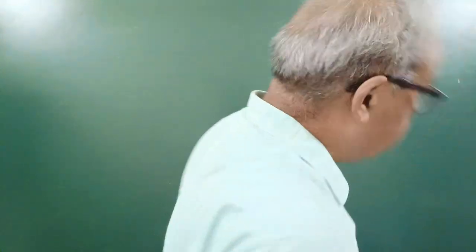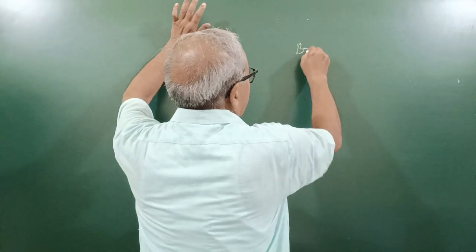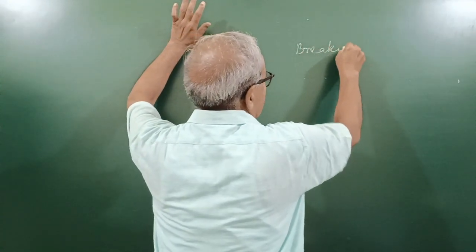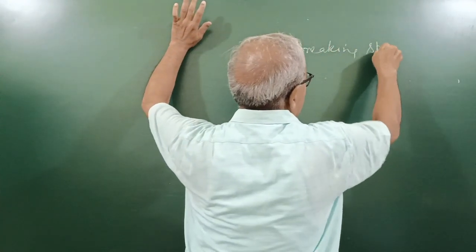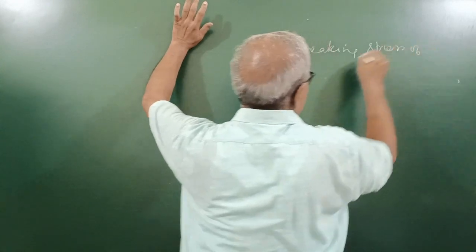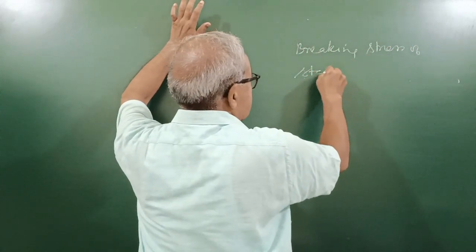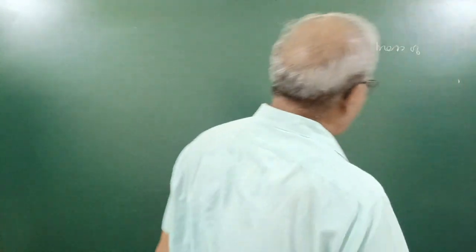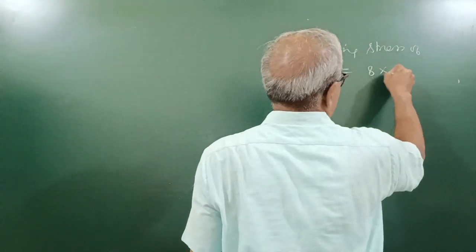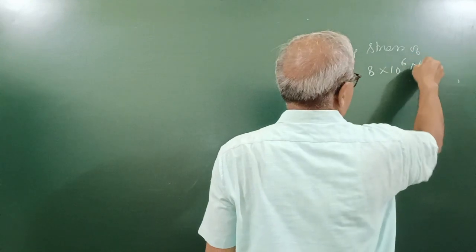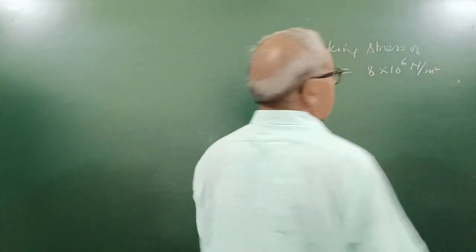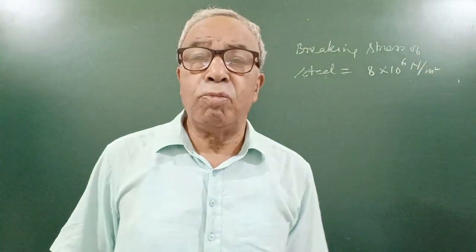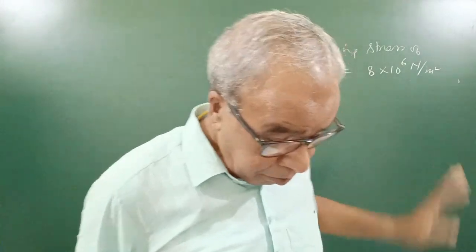Question is that breaking stress of steel is equal to 8 into 10 to the power 6 Newton per meter square. Breaking stress of steel is this.